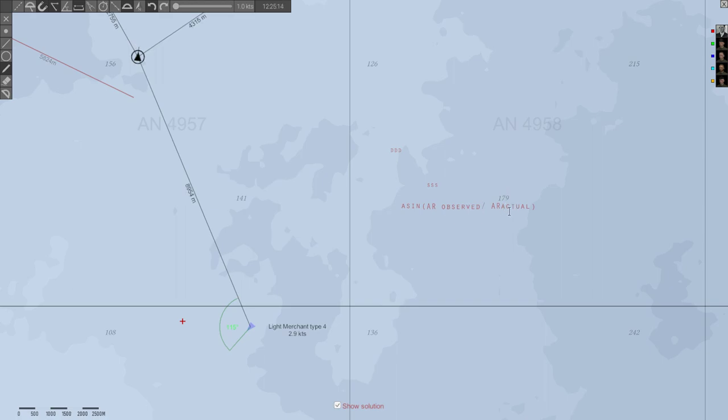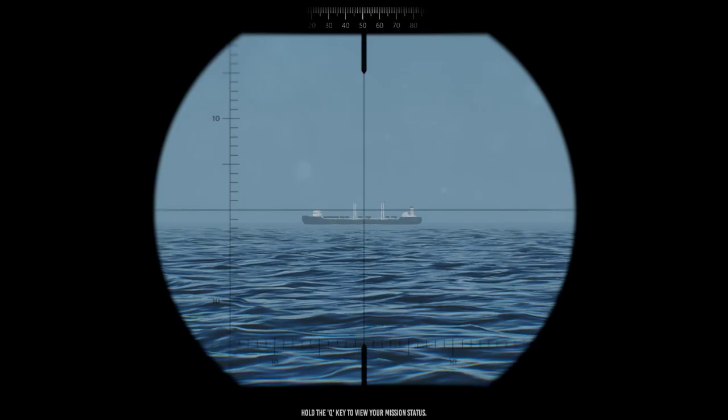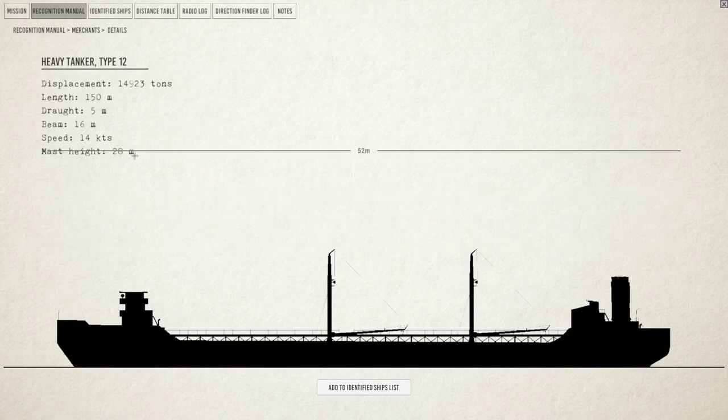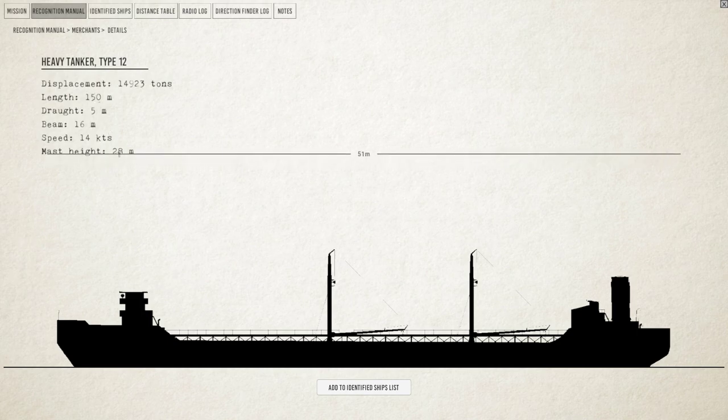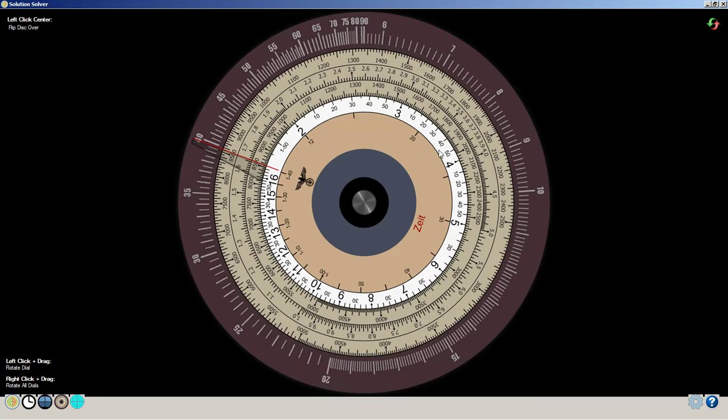So first and foremost, I need to derive the actual aspect ratio of the target. So I've already identified this guy as a heavy tanker type 12. Okay, and I'm going to use his actual mast height, his length of 150. So I do division. I take 150 length divided by 28 mast height to get his aspect ratio. I can do that with this.